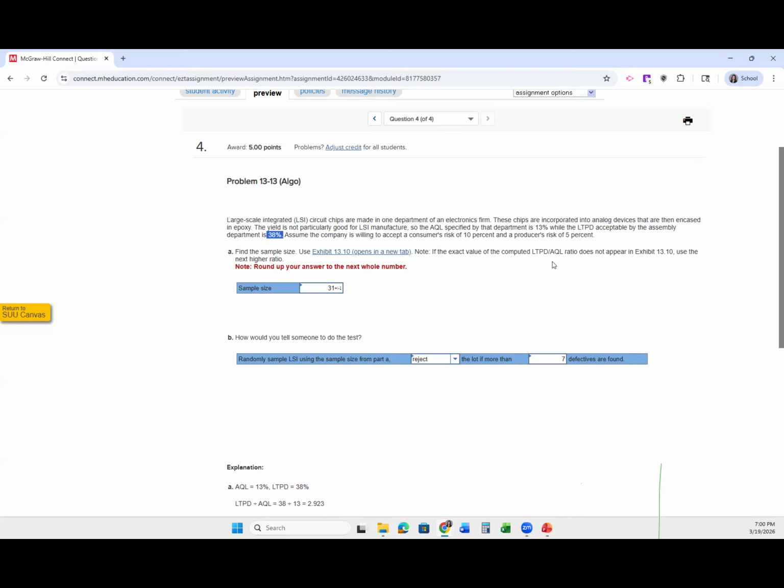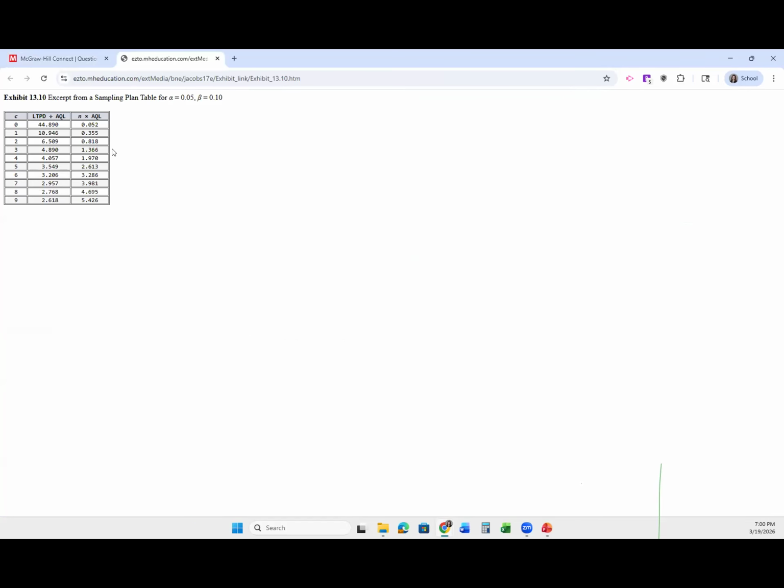Once you figure out these two things, the other things you need to figure out are N and C. If you open this exhibit, you will be able to see a C here and an N. N means the number of units, while C means your acceptance number. So if you produce 100, what is your acceptance number, where you feel it's still good?